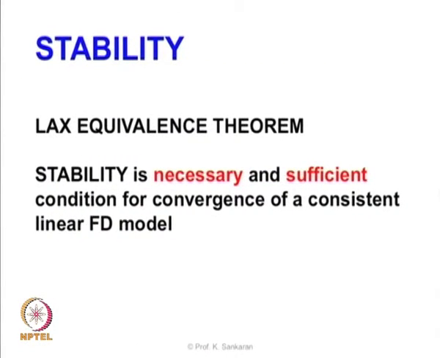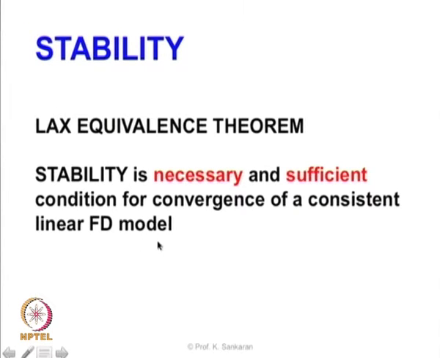In that sense, stability is not only a sufficient condition or a necessary condition, but both a sufficient and necessary condition for any problem to converge, and that's what is put in a very simple way in the Lax equivalence theorem, named after a famous mathematician Lax. The Lax equivalence theorem says stability is a necessary and sufficient condition for the convergence of a consistent linear finite difference model.